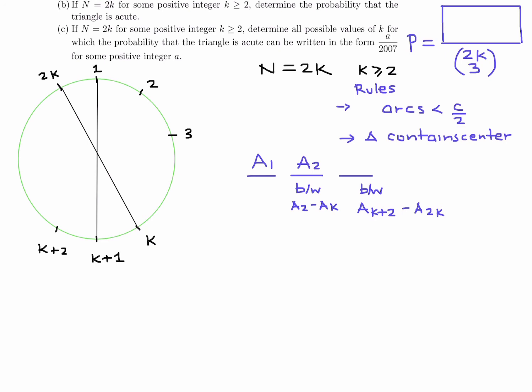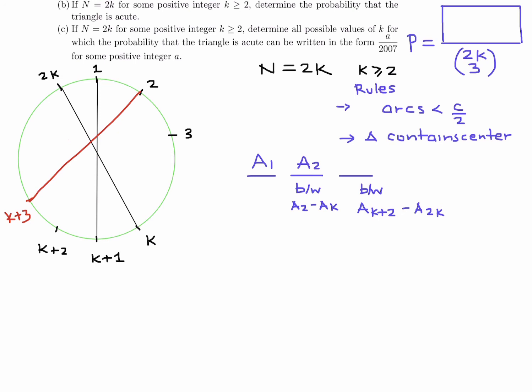So let's try k plus 2. If we have k plus 2, that again doesn't work. Why doesn't it work? Because 2 and k plus 2 are diametrically opposite from each other. So that basically means that this guy is a diameter. So that doesn't work. What about if we tried like k plus 3? If we do that, you'll notice that it doesn't contain the center of the circle, which is one of the requirements.